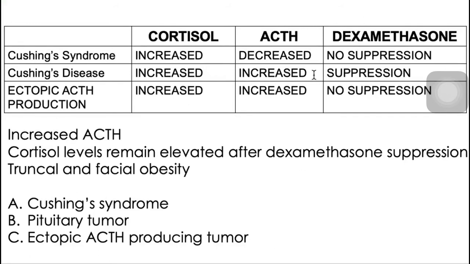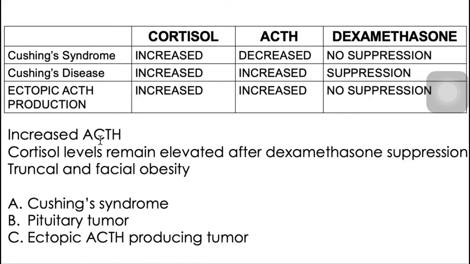Pag sabi hindi suppressed, ibig sabihin, the cortisol levels remains elevated. Okay? So, in the given problem here, increase ang ating ACTH daw po and the cortisol level remain elevated after dexamethasone suppression. So, ibig sabihin, hindi siya na-suppress kasi the cortisol level remains elevated and there is a truncal and facial obesity.